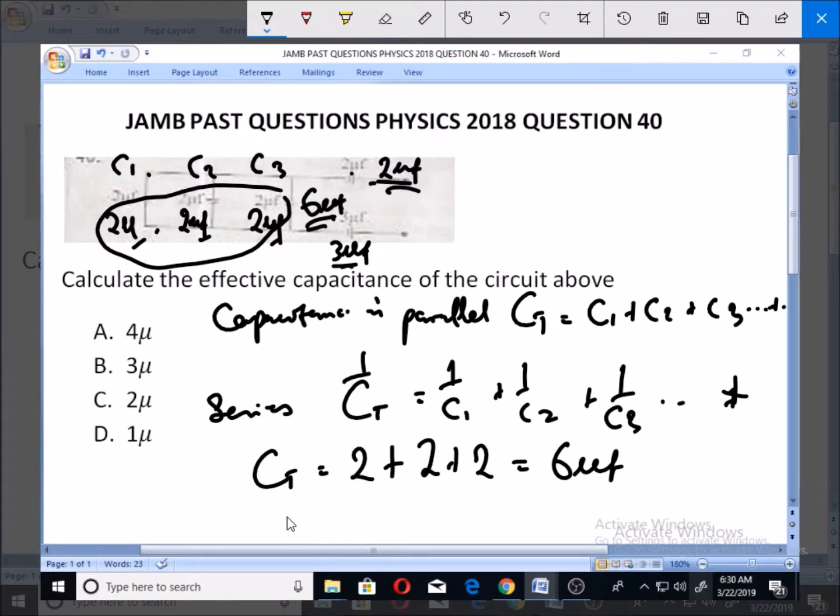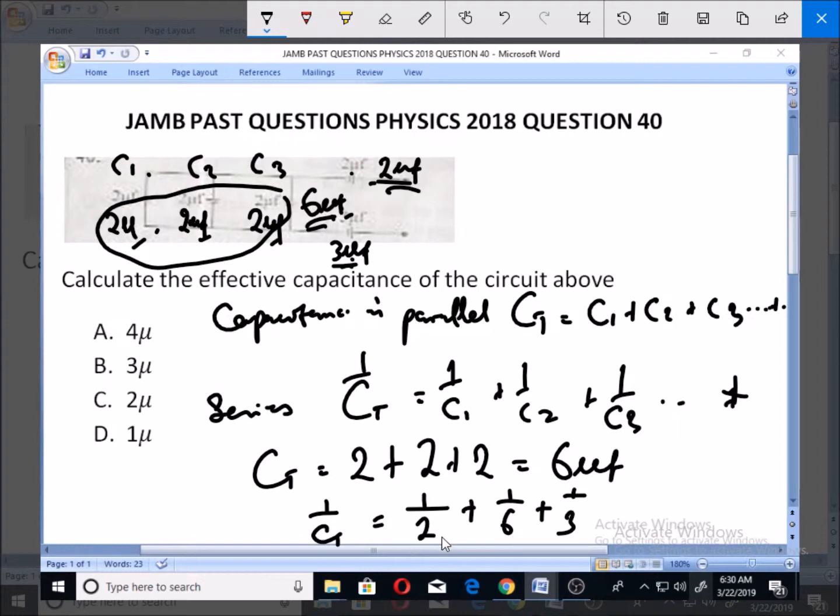So for series calculation, 1 over CT is equal to 1 over C1. C1 in this case is 2, plus 1 over C2. C2 in this case is 6, plus 1 over C3. C3 in this case is 3. So this is what we have as our expression.